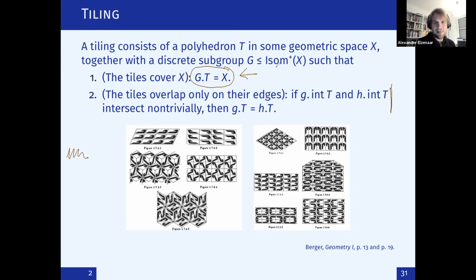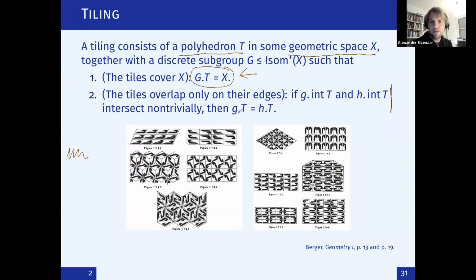I keep saying the plane. I actually want to work in more general spaces. So I've been a bit vague here and I've said geometric space. Really, it's going to be a Thurston geometry, but I don't want to define what a Thurston geometry is. It's basically a metric space that satisfies analogues of Euclid's classical five axioms. I've also said that the tiles are going to be polyhedra. This is also a lie. In general, my tiles are going to be open subsets, and they might be quite wild open subsets.